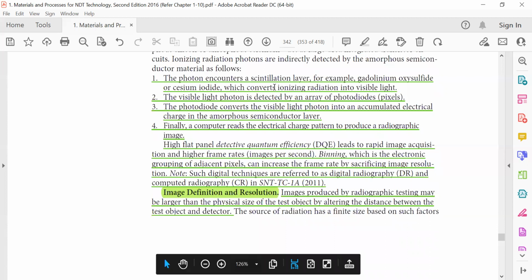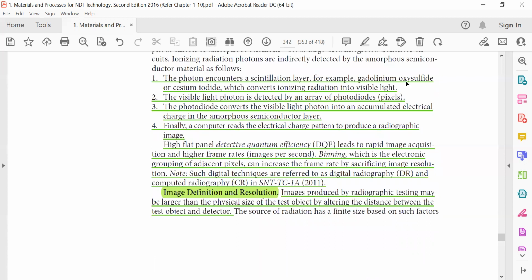The photon encounters a scintillation layer, for example gadolinium oxysulfide or cesium iodide, which converts ionizing radiation into visible light. The visible light photon is detected by an array of photodiodes. The photodiodes convert the visible light photon into an accumulated electrical charge in the amorphous semiconductor layer.